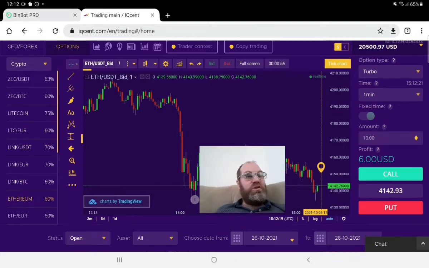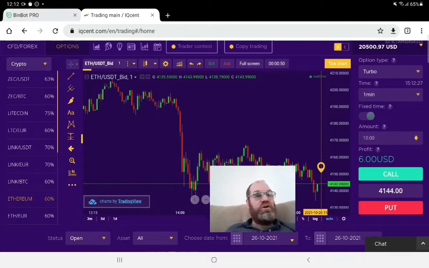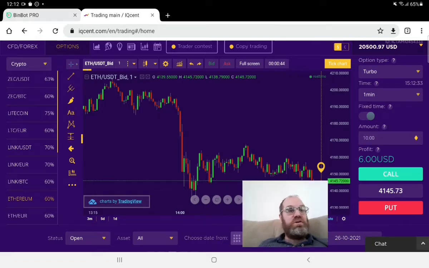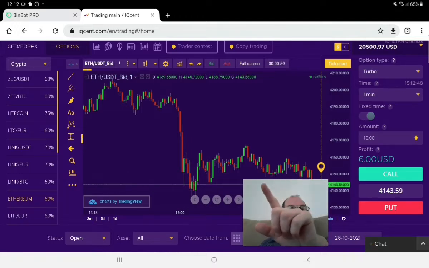So now we are going up. Let's see. We need a push, because now the support turns resistance, so we need to break this line you see here. If we see a green bar above my line here now, that will be good, but I think this might be a loser, because you can see how many times this support here did hold.